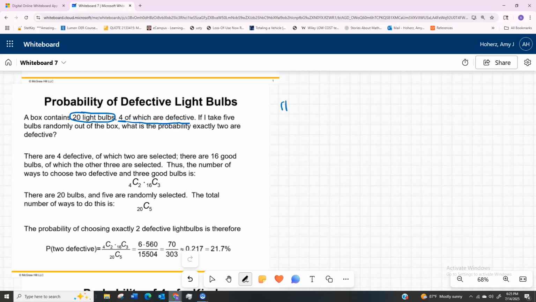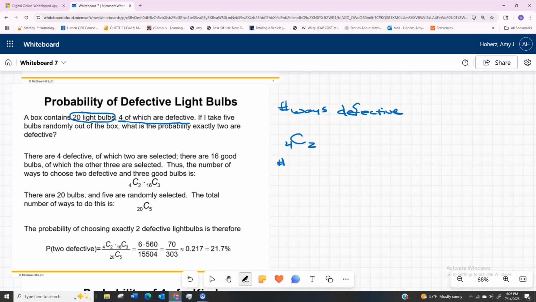So the number of ways to get what we want for the non-defective, actually let's do the defective first because that's how it's in the example. So the number of ways to get defective, we want, out of the 4 defective, we want to have 2. Order doesn't matter, so we're doing a combination.